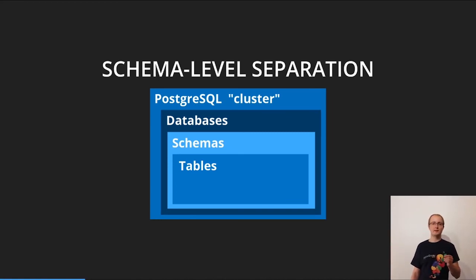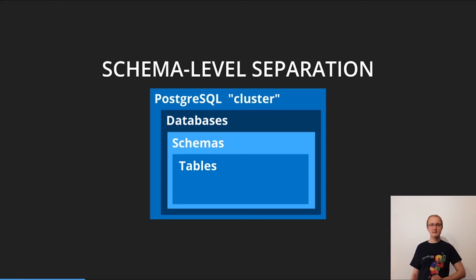Unlike multiple databases, they are still the same database. You can connect with them at once, and you can also query from them in the same query. But they are separated in a way that you can have different tables for different schemas. So they kind of work like namespaces for tables.